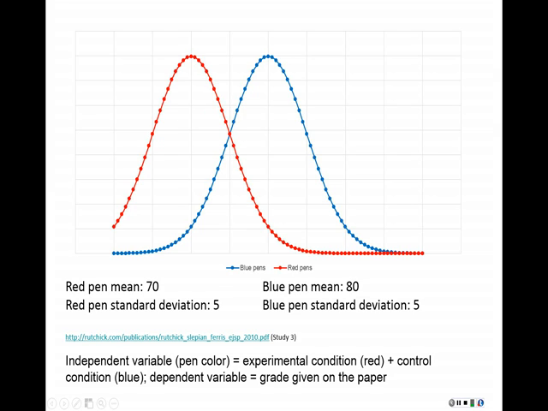But boy, when there was a blue pen, remember, these data are completely fictional. But if it had been, all of these people scored way higher than all of these people. We would be really, really confident in the results. There'd be no question about statistical significance.